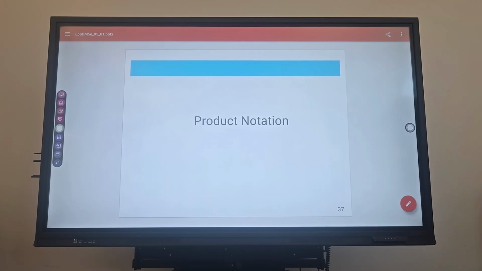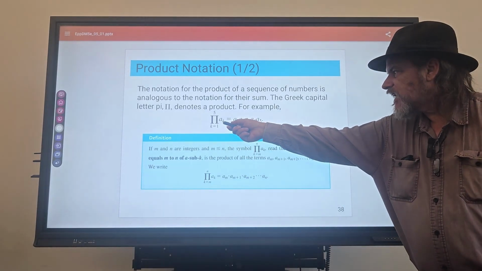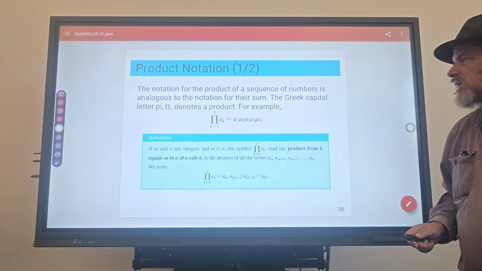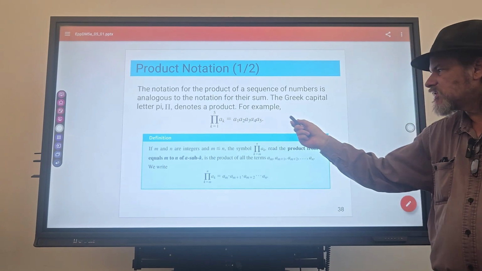Product notation. The notation for the product of a sequence of numbers is analogous to the notation for their sum. The Greek capital letter pi denotes a product. For example, the product of a sub k with k from 1 to 5 equals a sub 1 times a sub 2 times a sub 3, etc., to a sub 5.